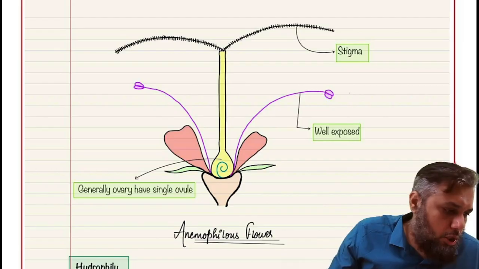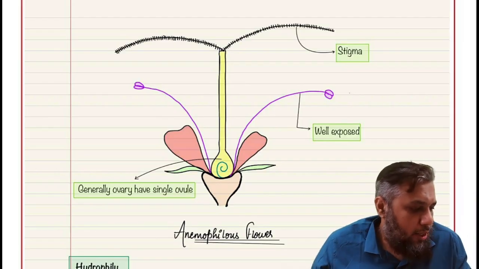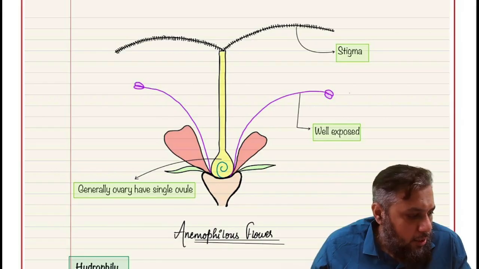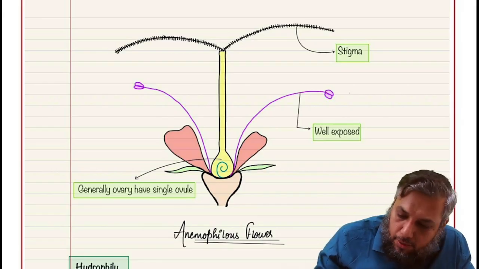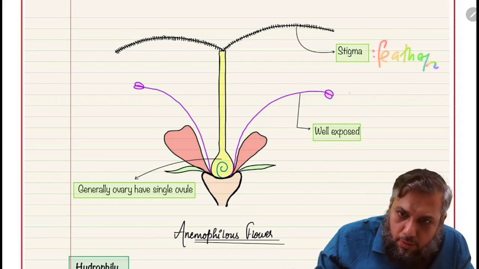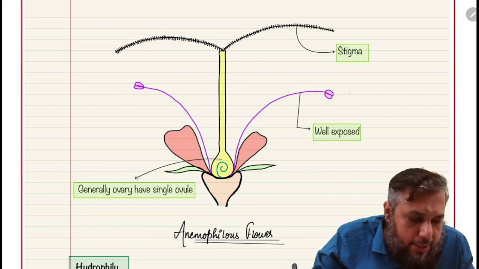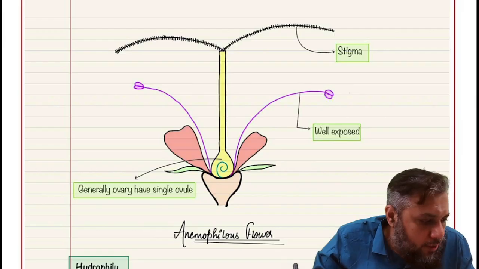The stigma is also well exposed, right? And it's a feathery stigma. So remember this point. It's well exposed and it's a feathery stigma so that it can easily catch the pollen grains which are dispersed into the wind current.